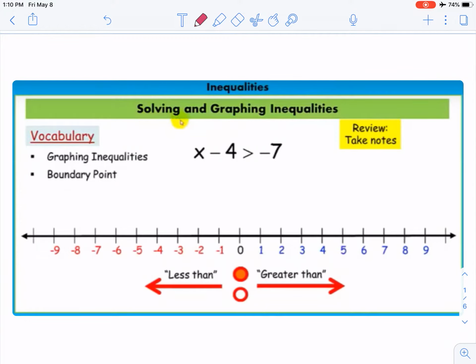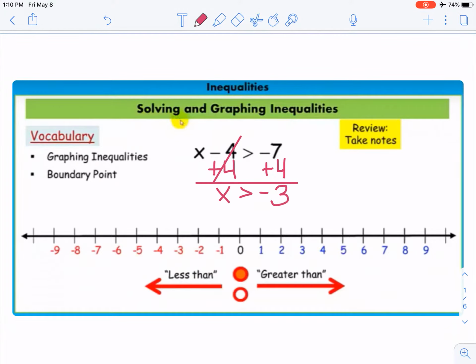We're going to try our best to get the x by itself. I see a minus 4, and I know that the inverse or opposite is to add 4. So just like we used to with our equations, I'm going to add 4 to both sides. I've canceled out. Negative 4 plus 4 is 0. So I'm left with x is greater than negative 7 plus 4, which is negative 3.